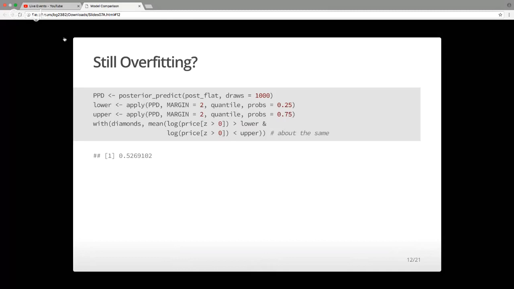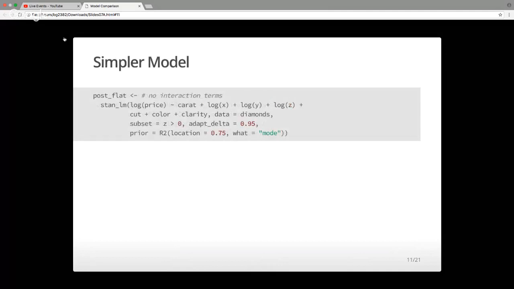Go through this again. I get a little bit less overfitting, but still some. So it looks as if the overfitting problem probably didn't come from the inclusion or exclusion of the interaction terms. I may have just had too many categories of cut and color and clarity that maybe I should be collapsing together.